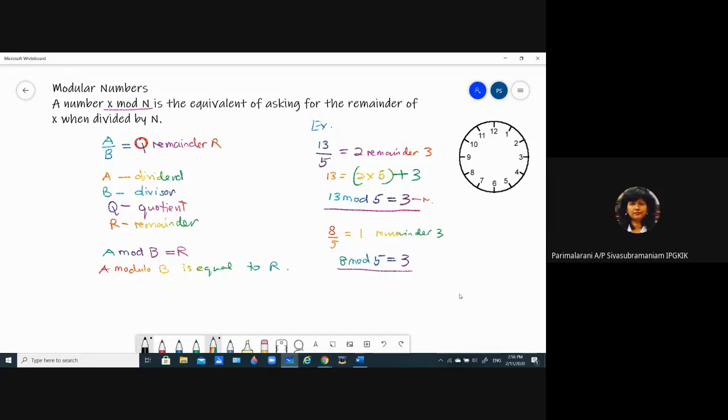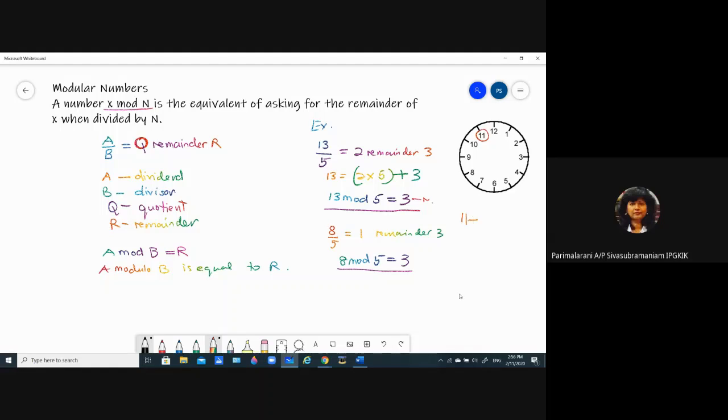So if I tell you the time now is 11 o'clock, what is the time in 4 hours time? No, it's not a trick question. The time now is 11 o'clock. What is the time in 4 hours time? 3 o'clock, yes.